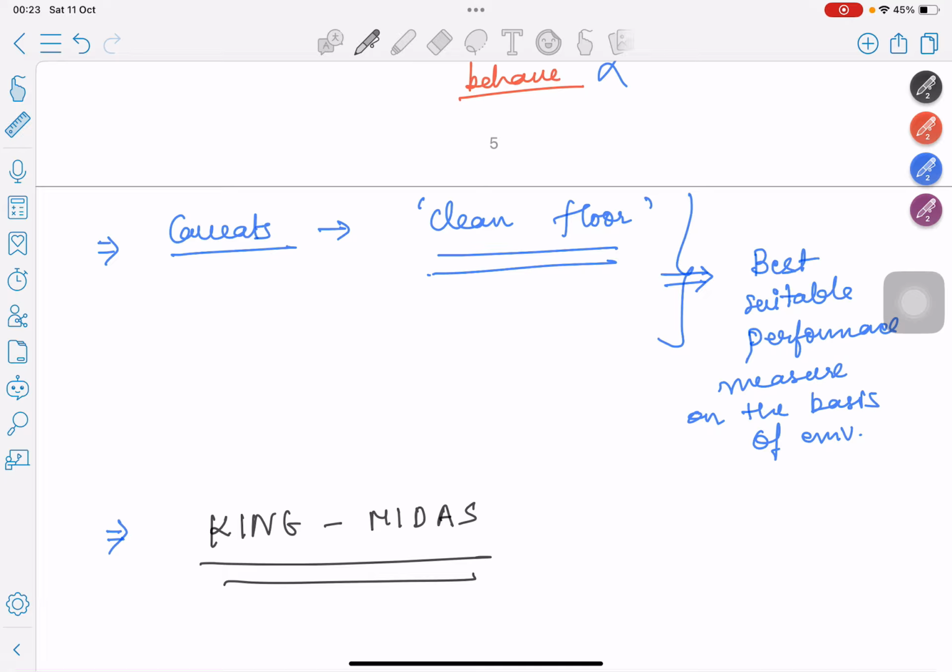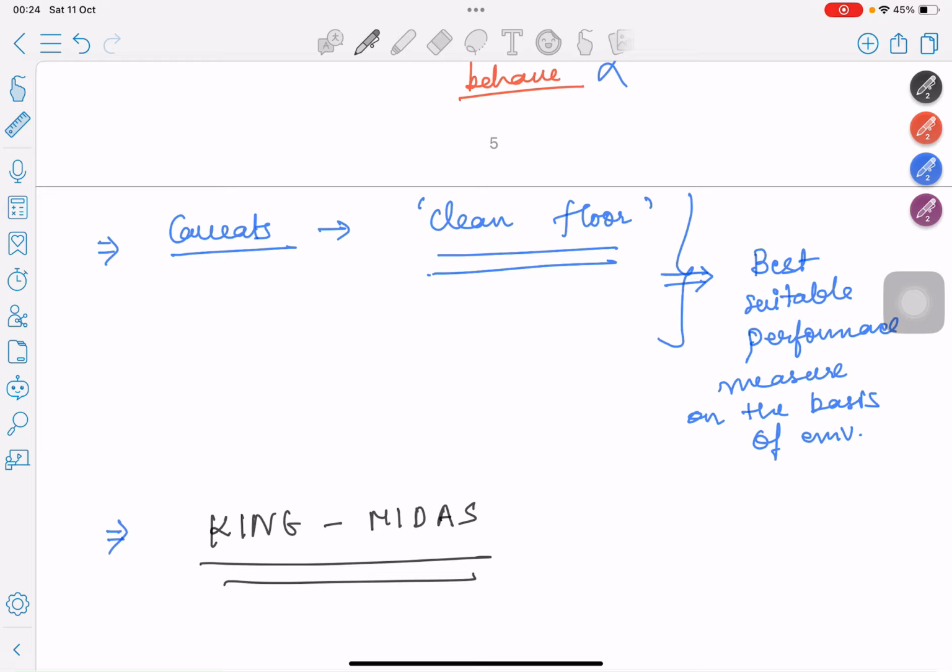And that should be inherently understandable by us also, that even though we do our best to decide what the best performance measure is, sometimes we can put in a certain performance measure which might not be good in the long run.